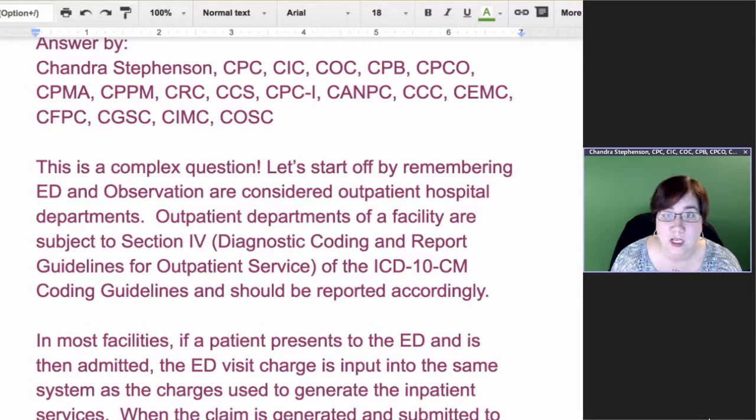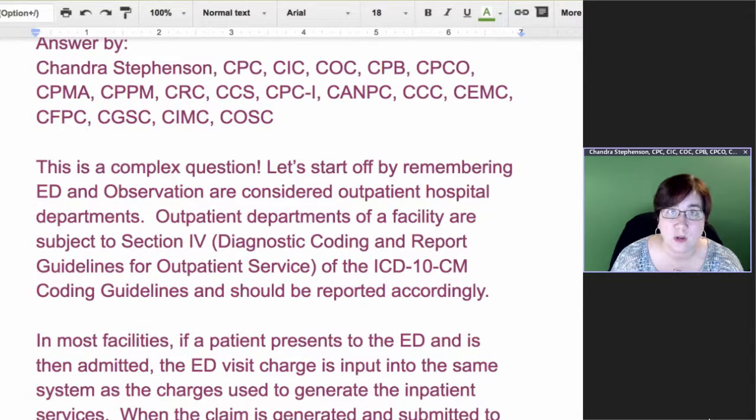Both the emergency room and observation status, even if the patient is quote-unquote admitted to observation, that is still considered an outpatient part of the hospital. And those outpatient departments are required to follow the Section 4 guidelines in the ICD-10 manual.